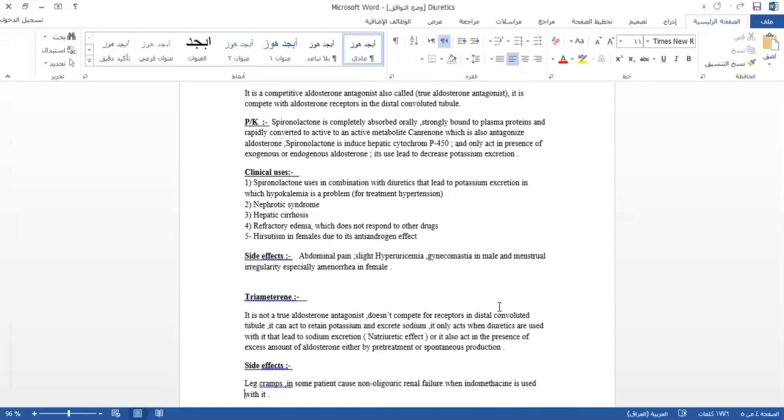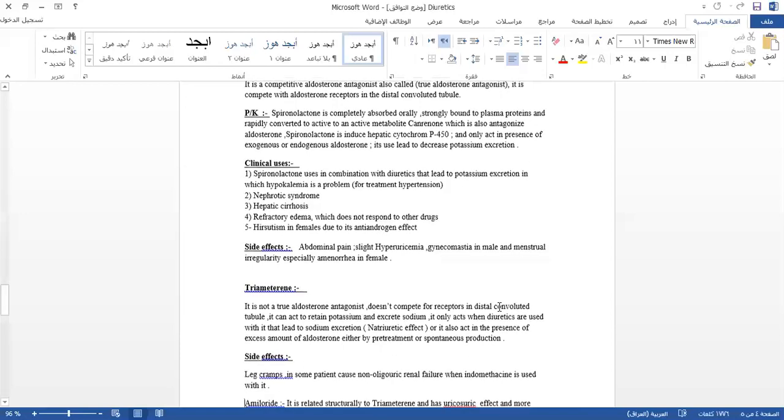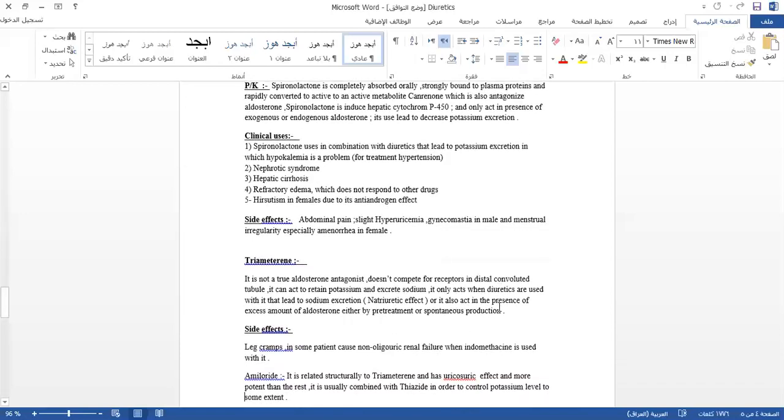Here, it is not a true aldosterone antagonist and doesn't compete for its receptor, but acts by inhibiting renal sodium channels, and by this inhibits reabsorption of the sodium excreted by the natriuretic effect. Side effects: leg cramps in some patients; it can cause non-oliguric renal failure if indomethacin is used with it, increasing the adverse effects of such drugs.